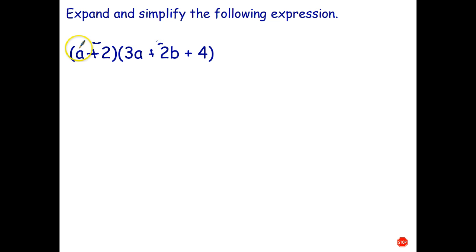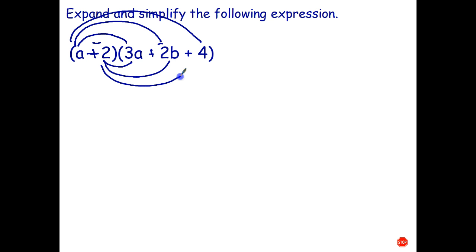And what I want you to do is to multiply the a by each of the three terms: 1, 2, 3. And then multiply the negative 2 by each of the three terms. That'll give you 6 answers, and then simplify. So stop the video and have a go, please.